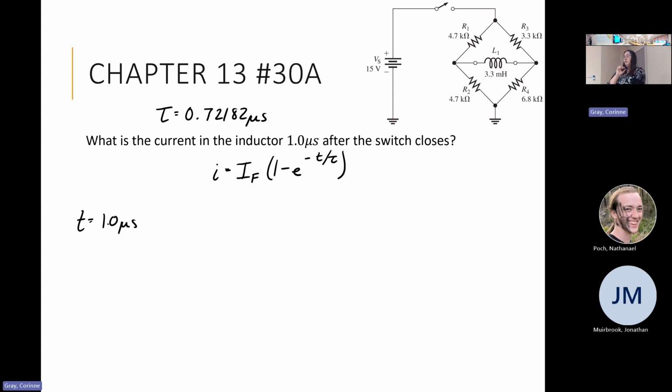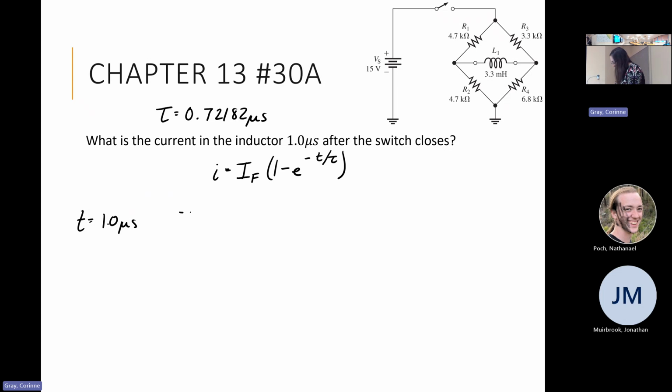So what units should I keep my tau in? What units do we want to use? Because we can convert it all to seconds, microseconds, or nanoseconds. As long as they have the same unit, it doesn't matter. So we're just going to ask ourselves, which one do we want to do?